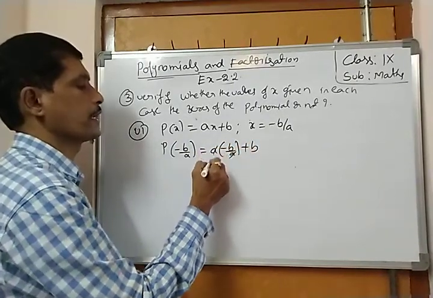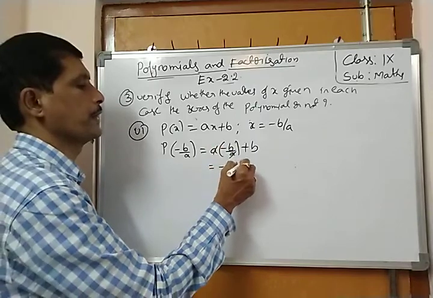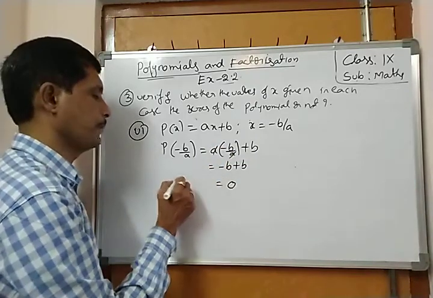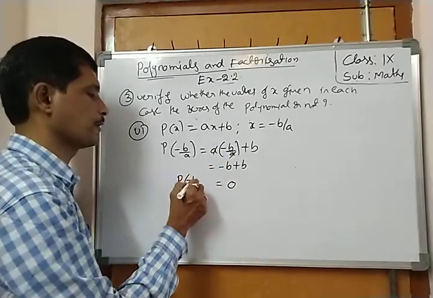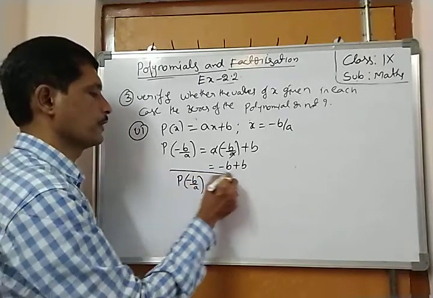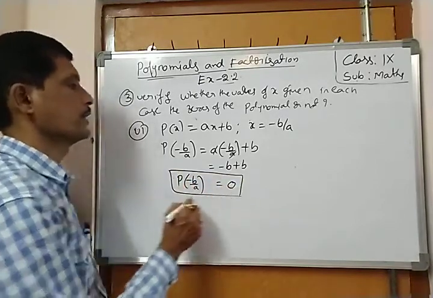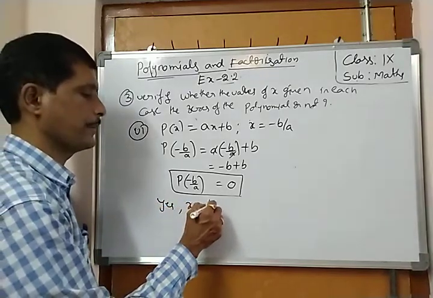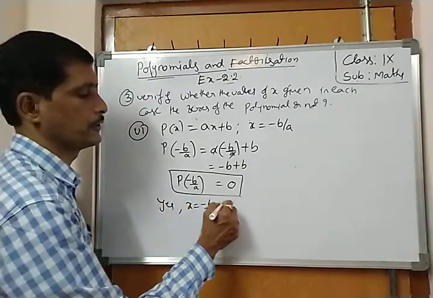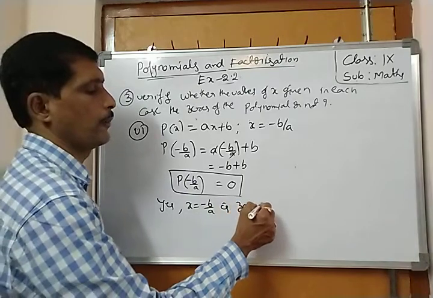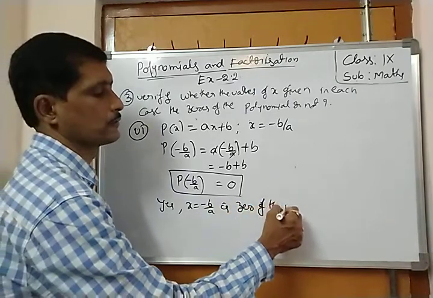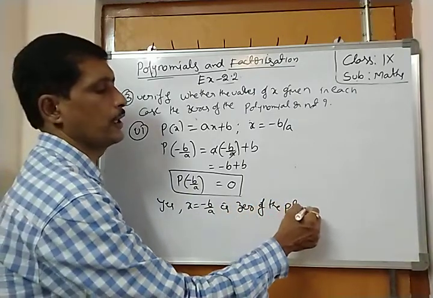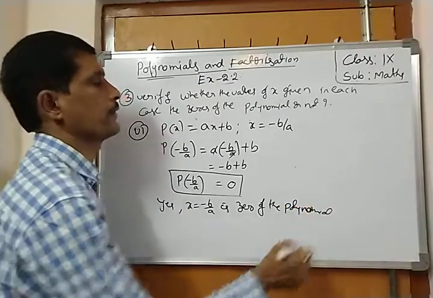Here both get cancelled, that is minus b plus b. Therefore that is 0. P of minus b by a equals 0. Therefore, yes, x equals minus b by a is the 0 of the polynomial.